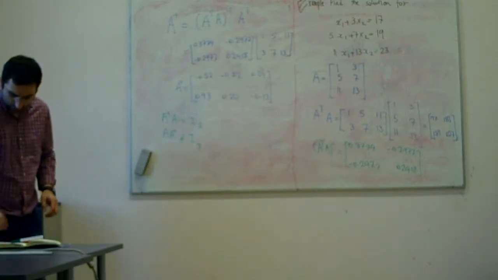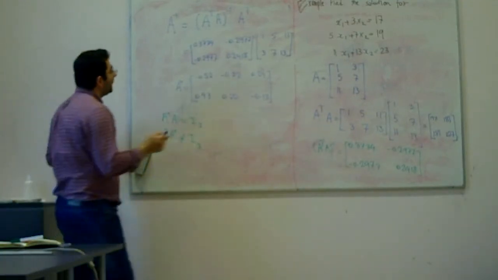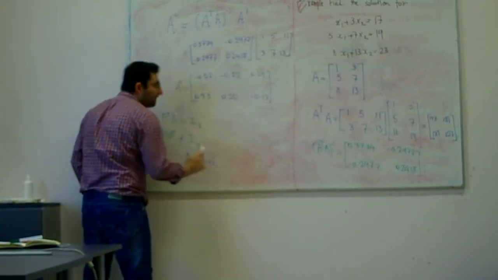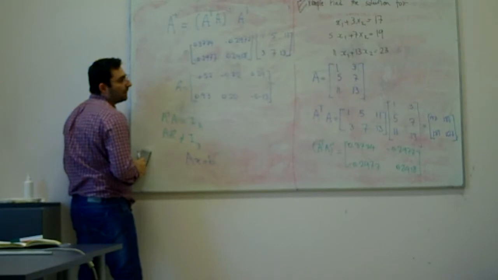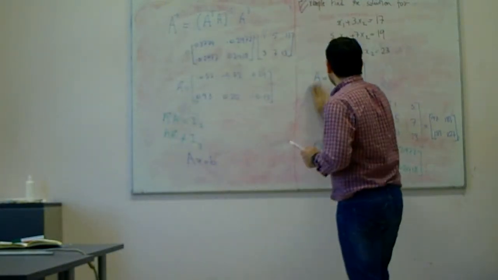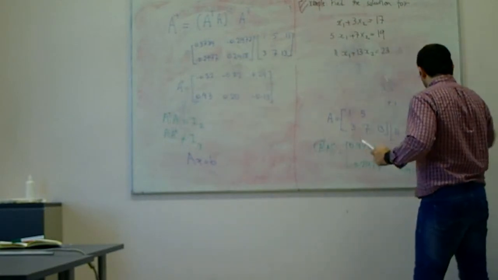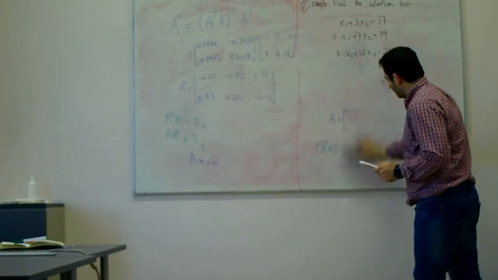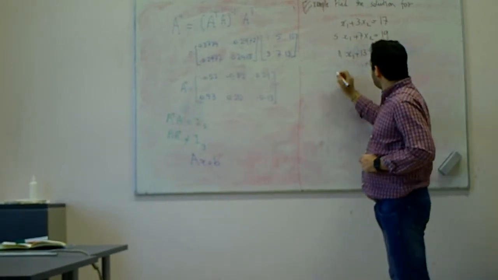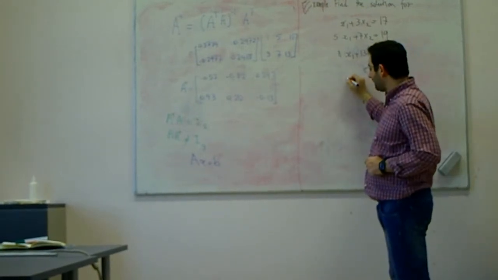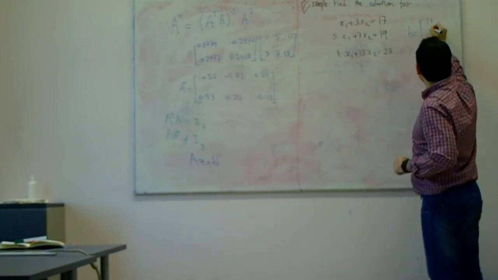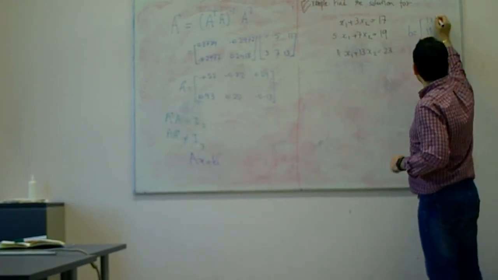So now we continue. We know that Ax is equal to B. I keep the equations because I need them. So I will have B to be 17, 19, 23.